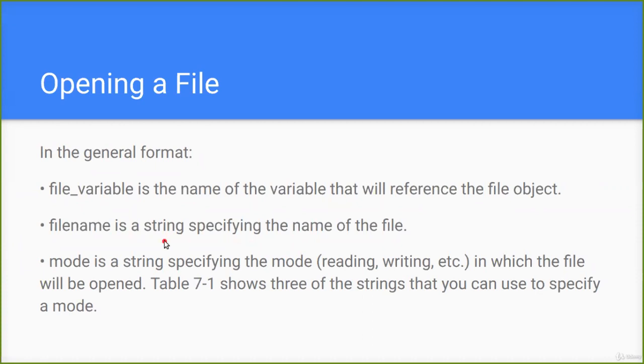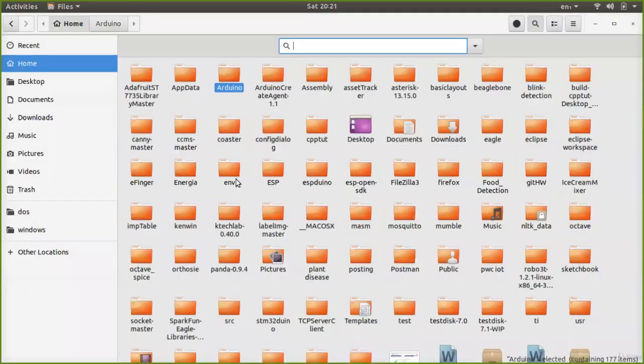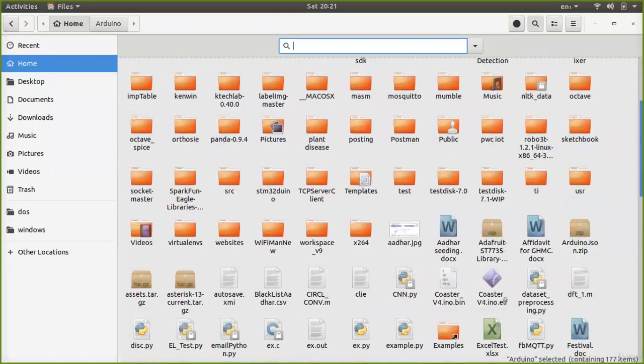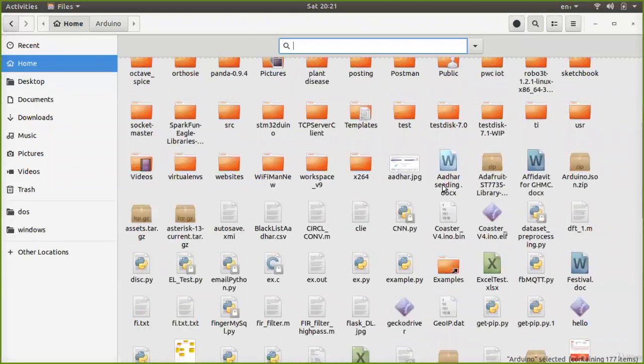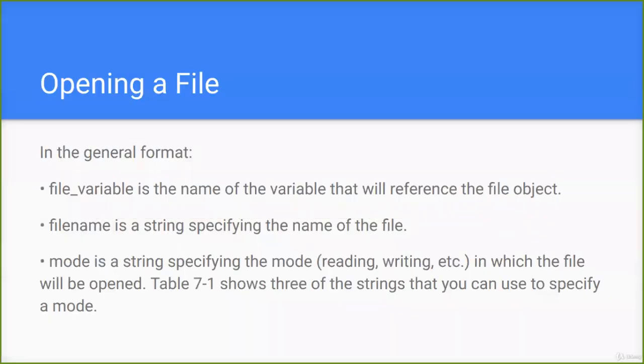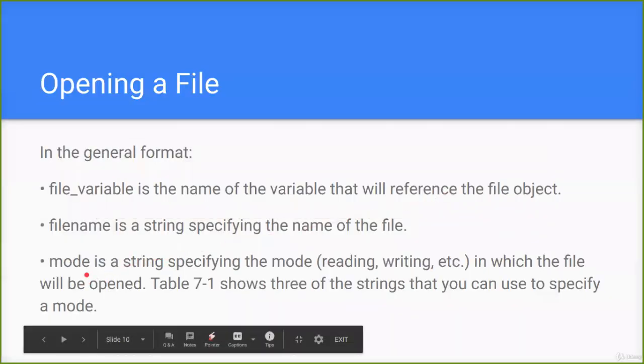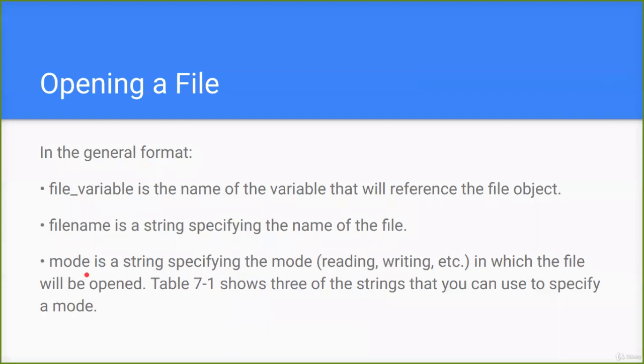Suppose I have a document called aadharcd.docs. So this forms my file name. And then I have three different modes in which I can open a file.